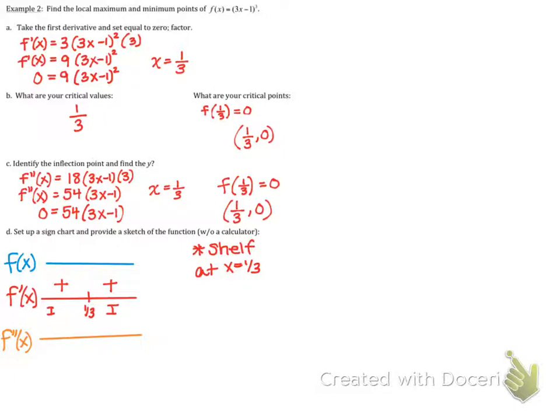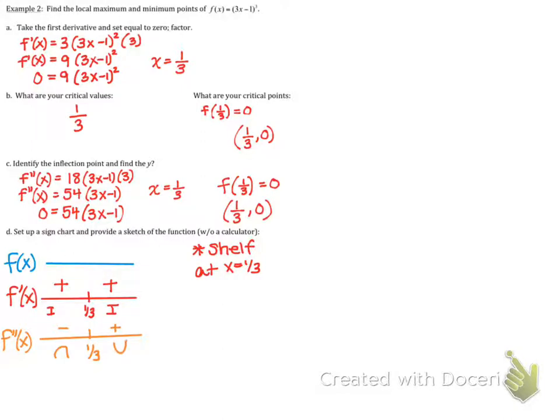Well, if we talked about concavity, now our inflection point, because it's a shelf, also has the same value, because usually that's the one that's different. So in the second derivative, if I plug in something to the left of 1/3, I get a negative, which means concave down, and then a number to the right of 1/3, I get a positive, which means concave up.